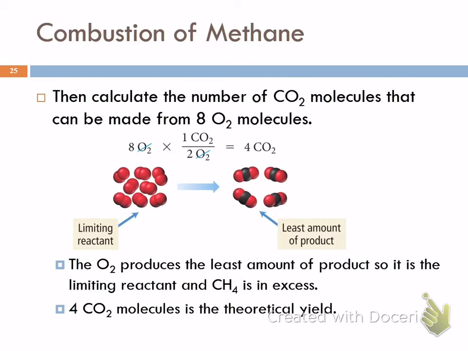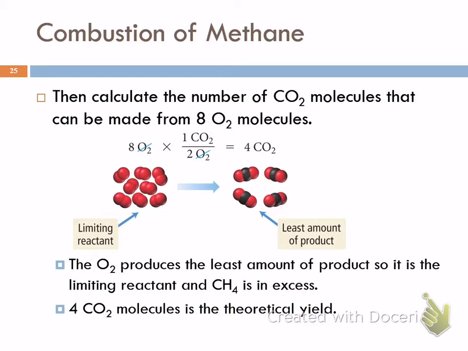That was the right side. And then it said we had 8 molecules of oxygen. So 8 molecules of oxygen, the ratio was 1 CO2 for every 2 oxygens. That would allow us to make 4 CO2 molecules. 4 CO2s is smaller than 5, and so this is the least amount of product, and that tells us that oxygen is the limiting reactant.